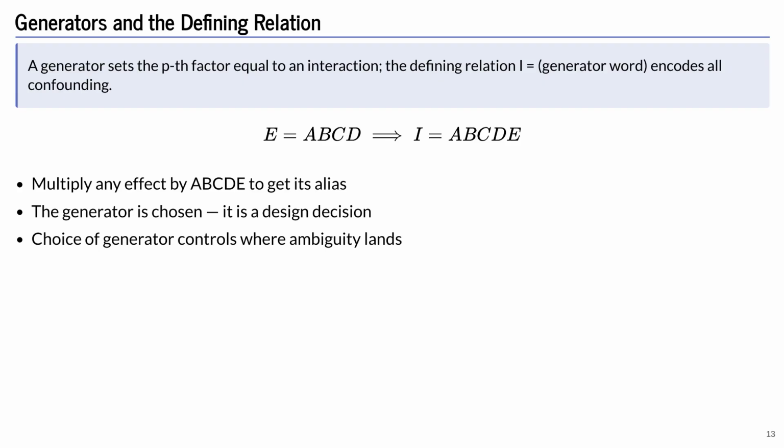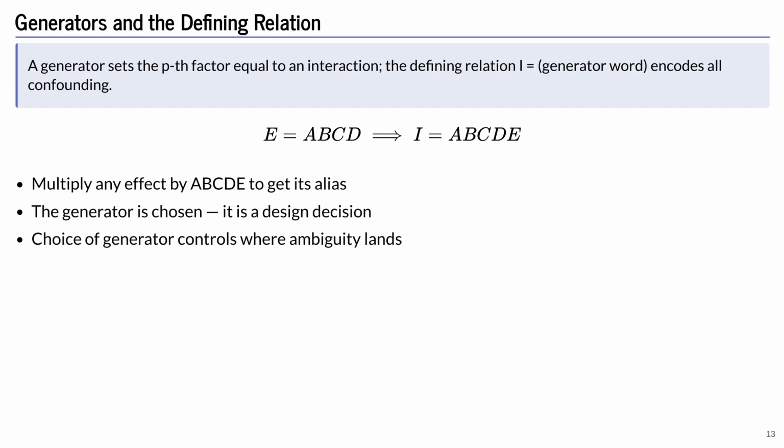The defining relation I equals ABCDE is the master key to the entire alias structure. Every confounding relationship in the design flows from it. To find the alias of any effect, multiply that effect by ABCDE and reduce with mod 2 rules.